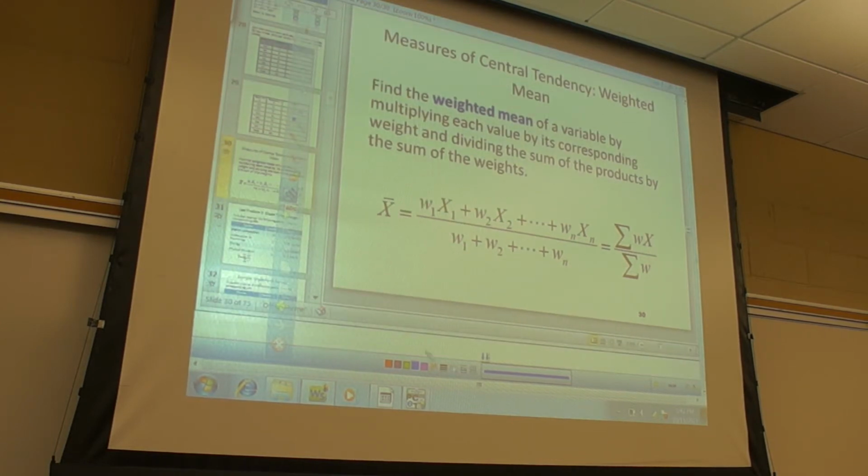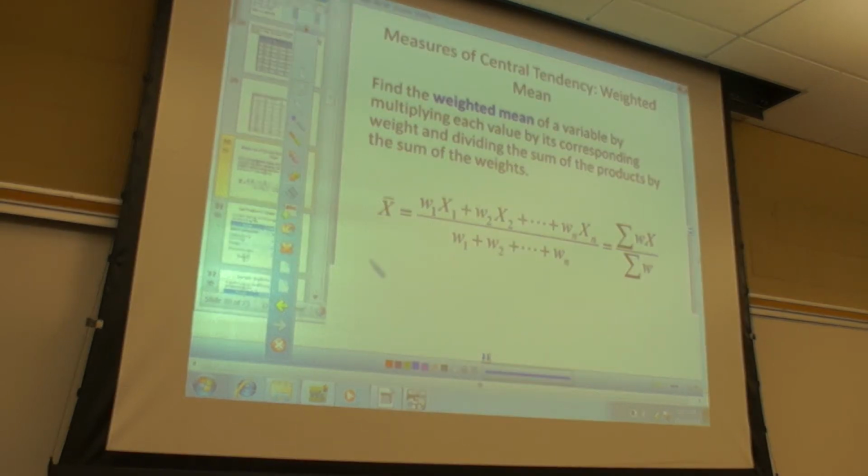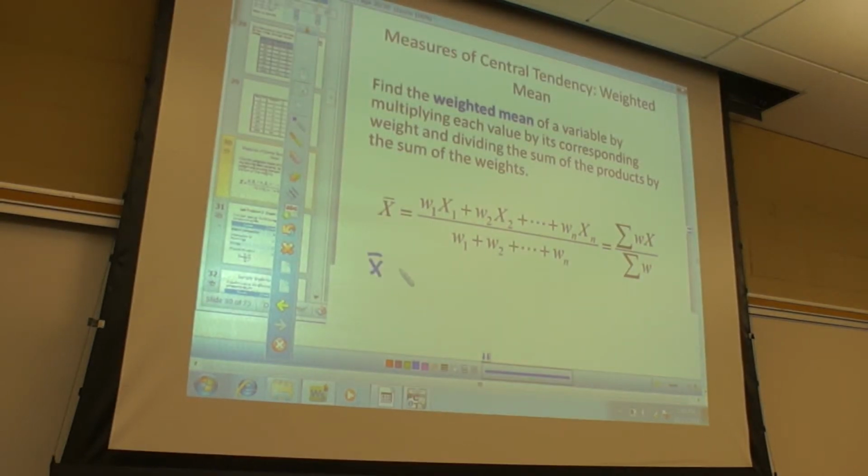So we have X bar. What's X bar? Yep, it's your sample mean. What's X? So X are all your individual data values. You guys are filling out the sheet on your sheet, right?